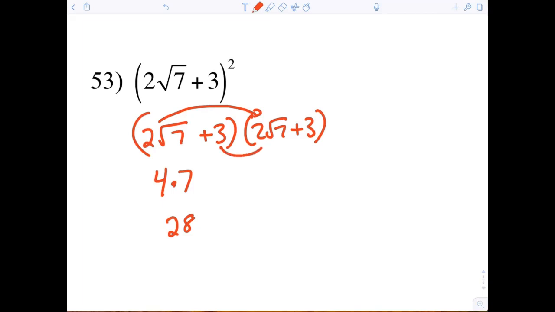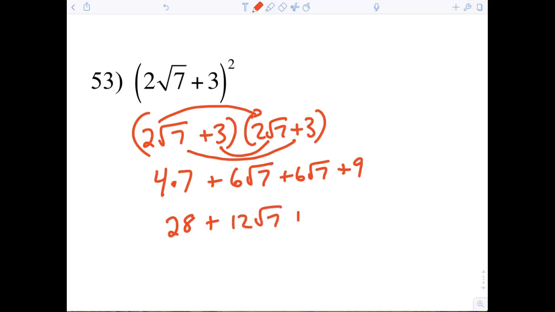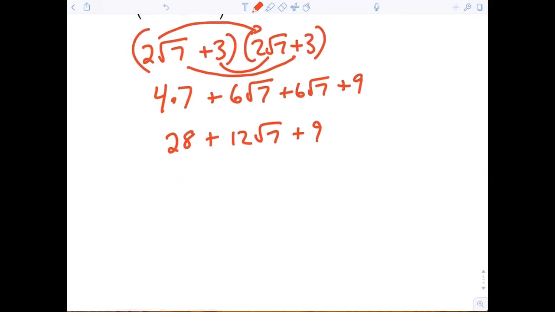And then you're doing your smiley face. Plus 6 radical 7. Plus 6 radical 7. Plus 9. 37 plus 4. Beautiful.